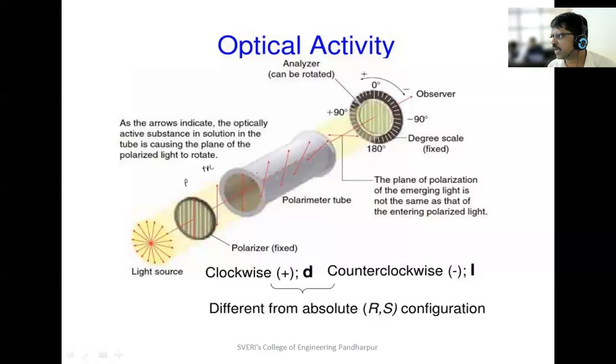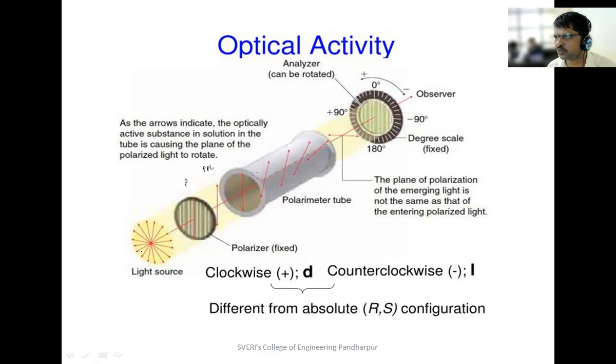The plane of vibration is rotated inside the sugar solution. This property of rotating the plane of vibration is called optical activity.